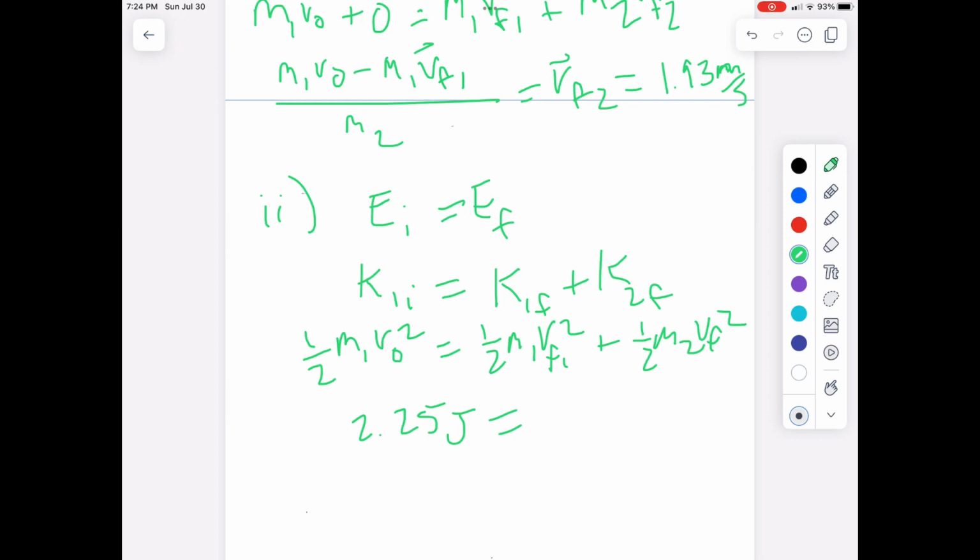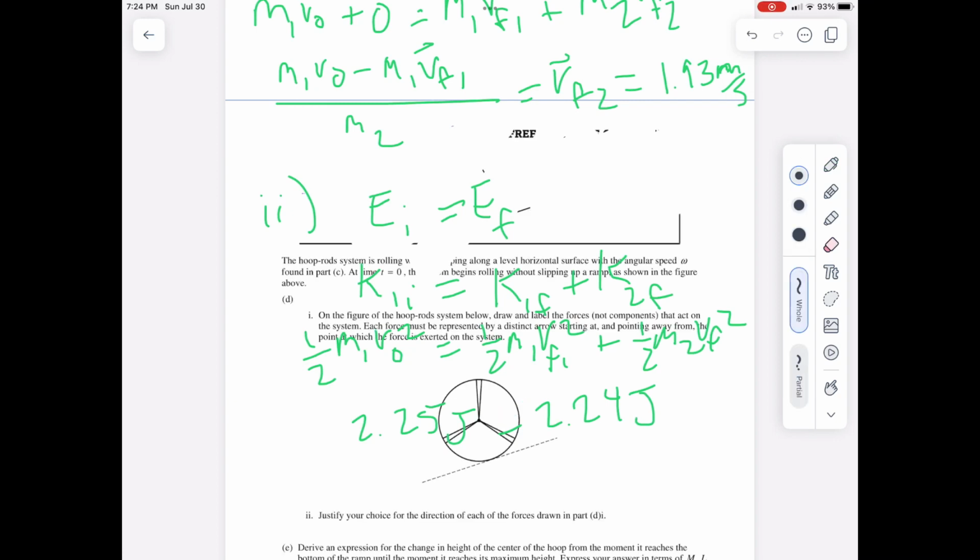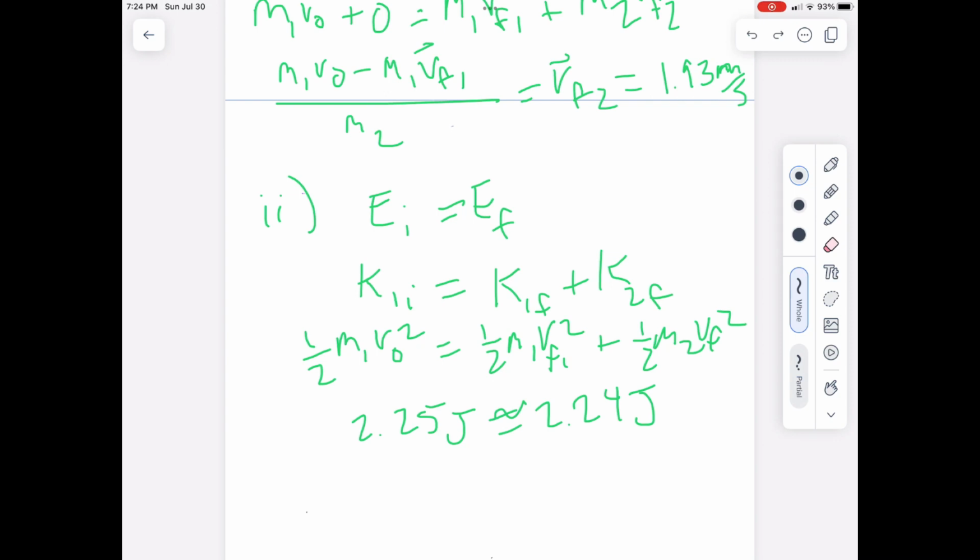And we get that that is equal to 2.24 joules. And I'll change my equal sign into a squiggly sign, because even though this isn't exactly equal, we did round in our previous equations, and so we're getting that these are approximately equal to each other, this is within rounding, so this is an okay thing to say.